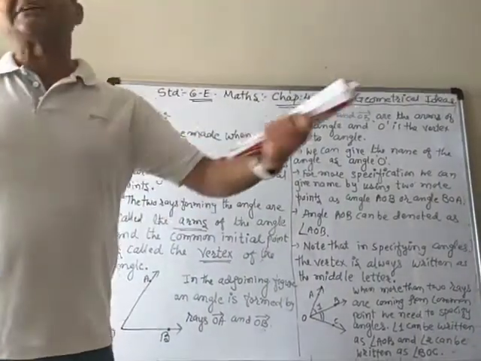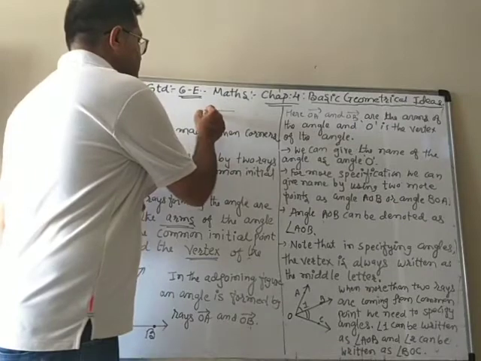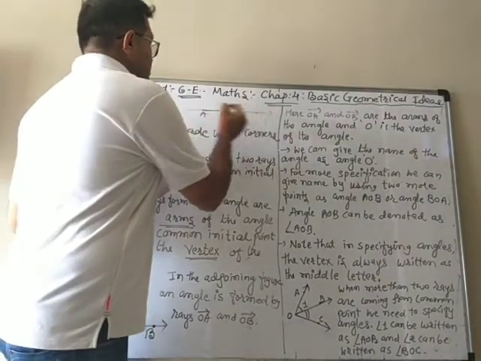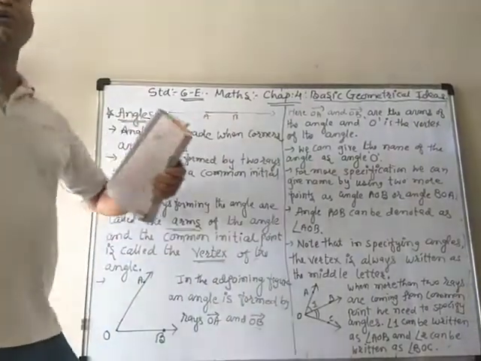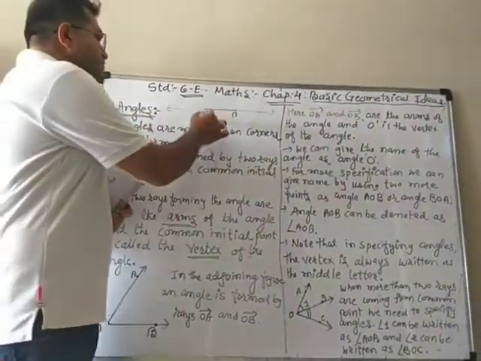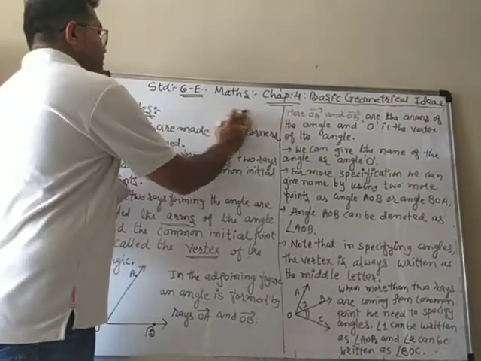If you draw a line segment, and you extend it endlessly on both sides, then it becomes a line. We already learned that.